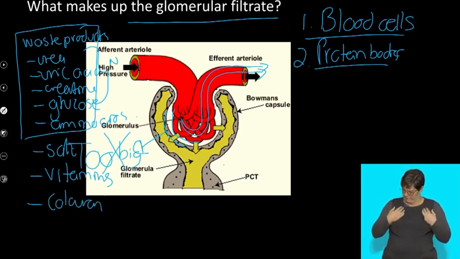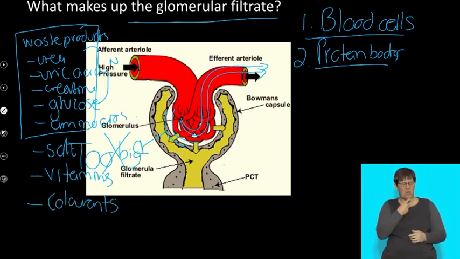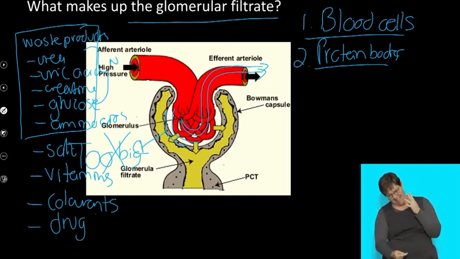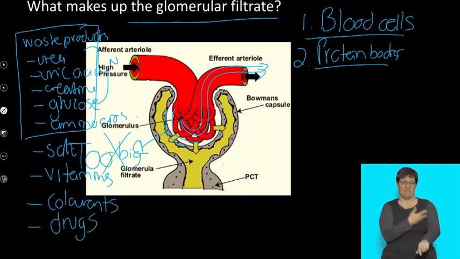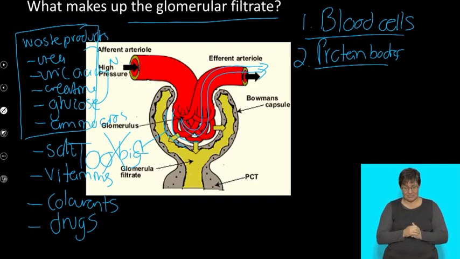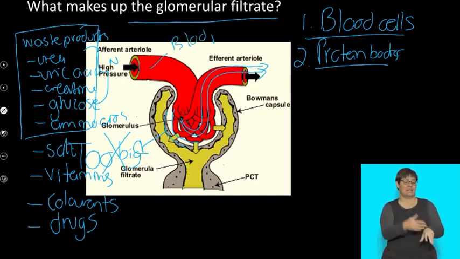I ate beetroot, and now all of a sudden my urine is red. Or I had a headache, and I took a headache tablet, so I might have drugs in my system. Right? So I've got a whole list of things that are dissolved in the blood plasma. Okay, blood plasma. They are small enough.